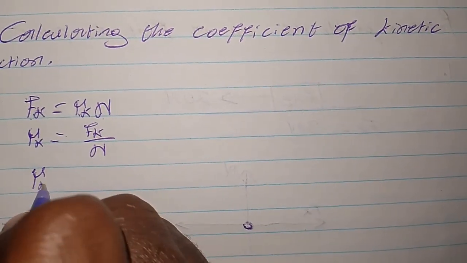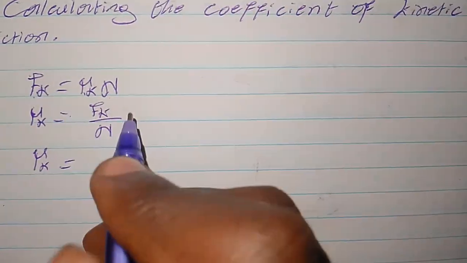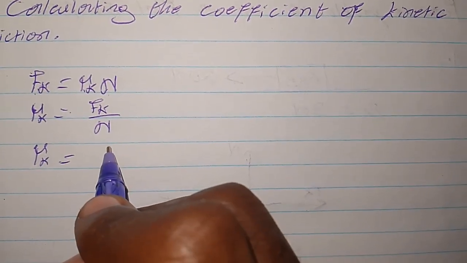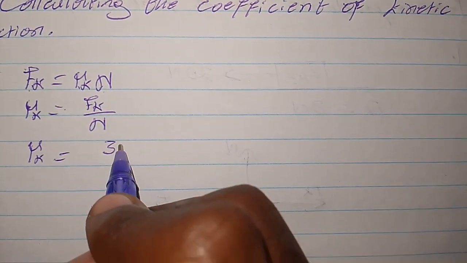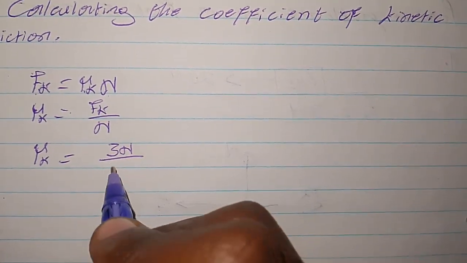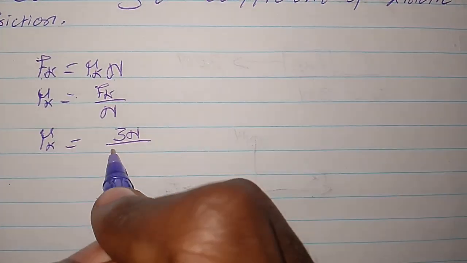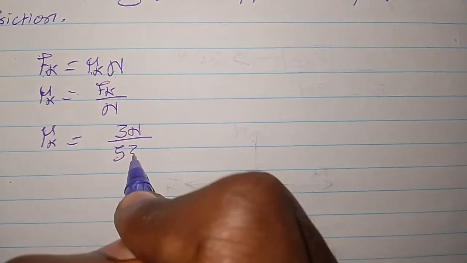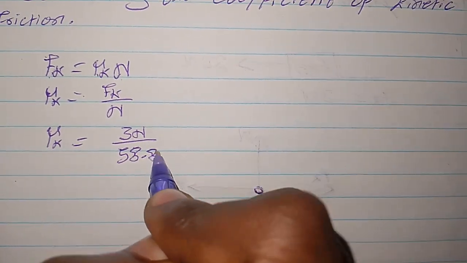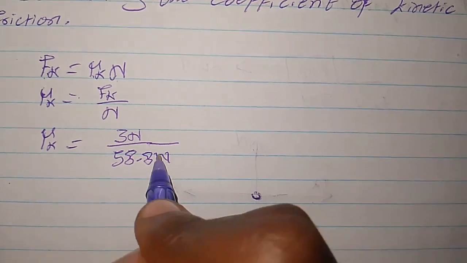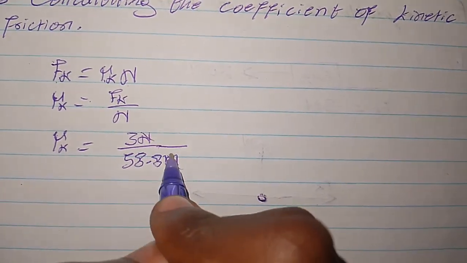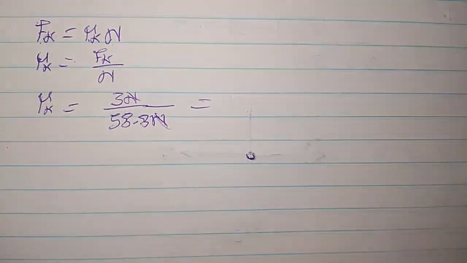And therefore mu k will be equal to our Fk, given that it is 3 Newton, over normal force, which we got as 58.8 Newton. As you know, these will cancel each other, and then we'll be left with 3 divided by 58.8.